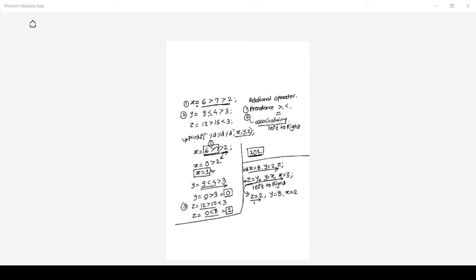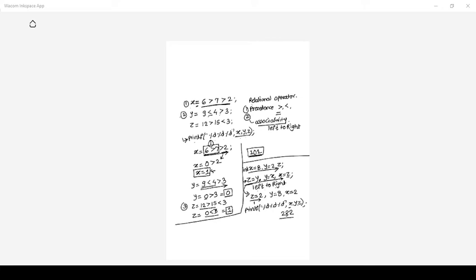Now, if you print these values using the statement printf percentage d percentage d percentage d, x comma y comma z, you will get the output as x value 2, y value 8, and z value 2, like 282 is your output. Okay, so likewise we are executing the expression by considering the precedence and the associativity.